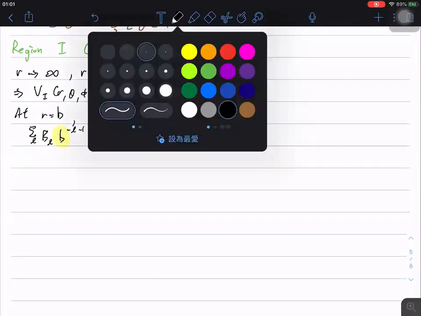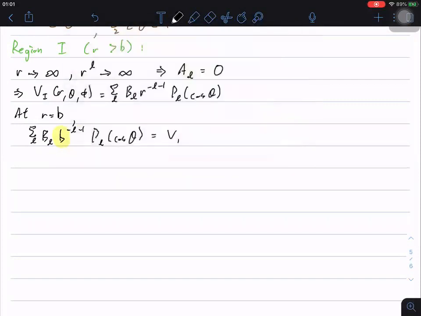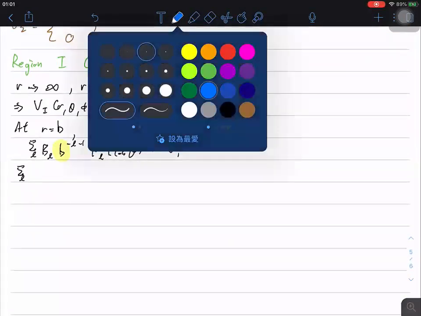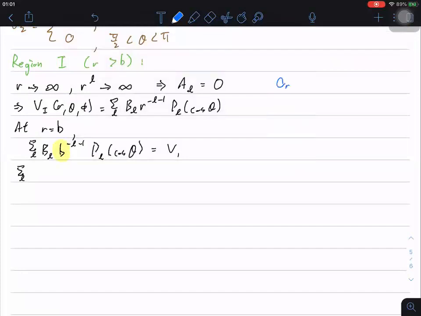And I think it should have been taught during the lecture, but the Legendre polynomials also have an orthogonality condition, which I will write here.